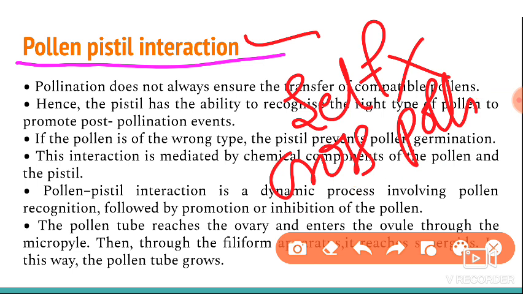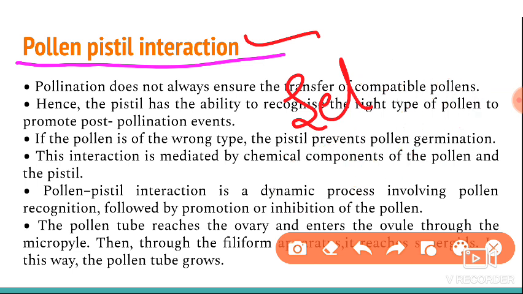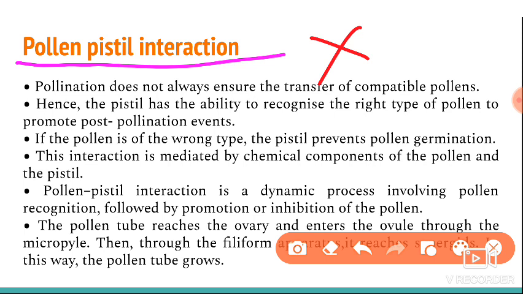And now, in case of pollen pistil interaction, what is the concept? Whatever pollen grains are produced, they are not all accepted by the pistil. It means either they are from the same flower or from another flower of a different species, because plants will not accept pollen grains from a different species.